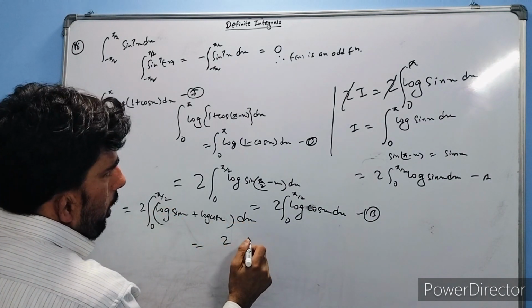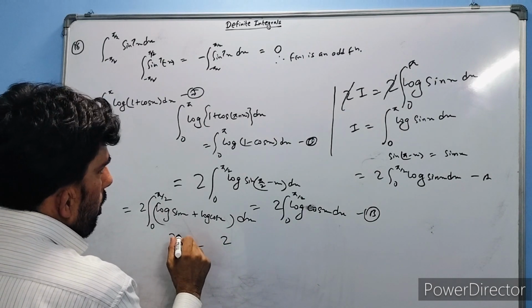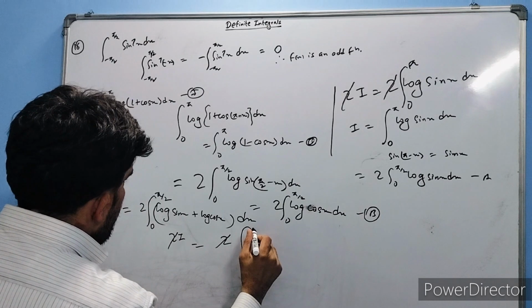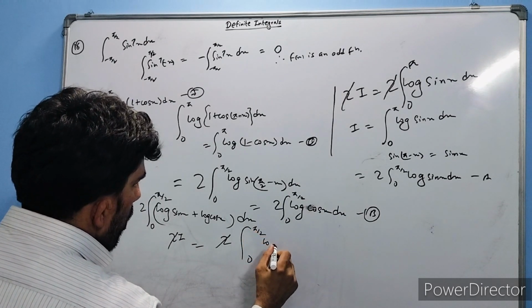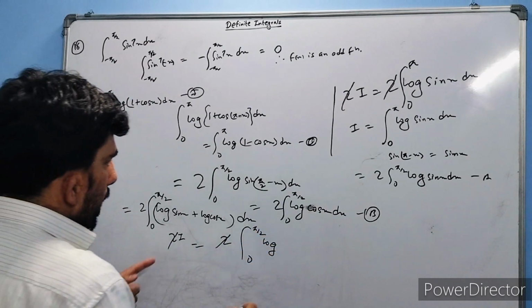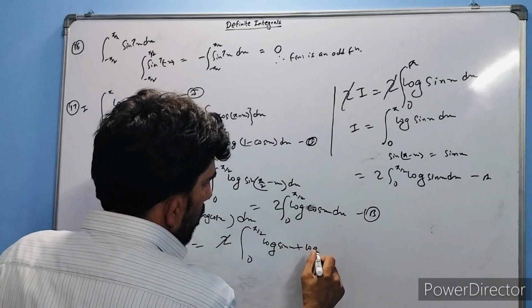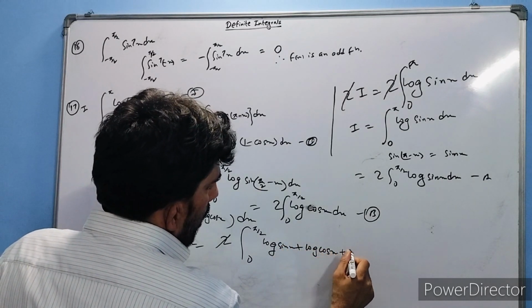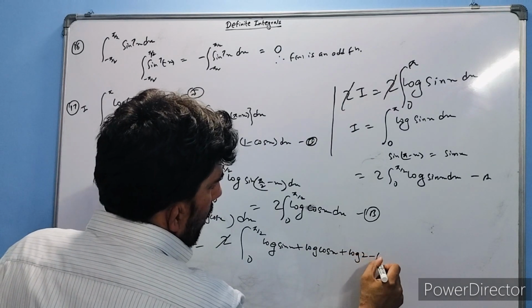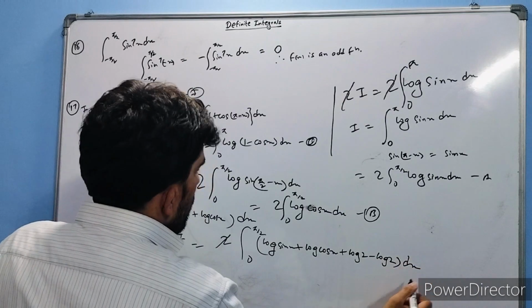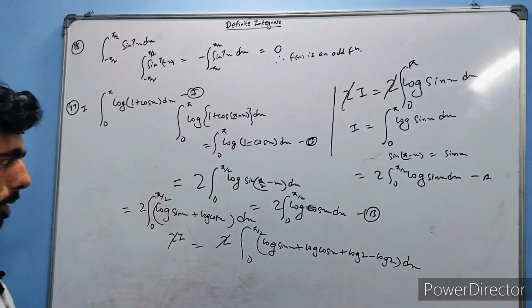Now we'll take 2 outside. 2I is equal to 2 times the integral of log sin x plus log cos x plus log 2 minus log 2. We have done this so that we can easily solve this numerical.